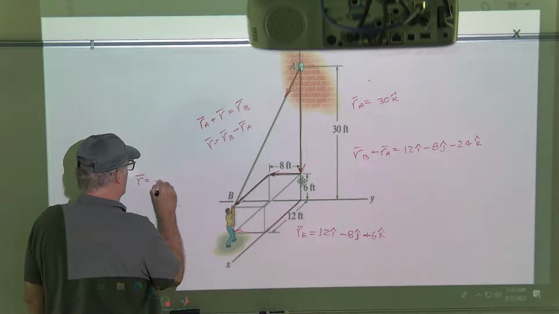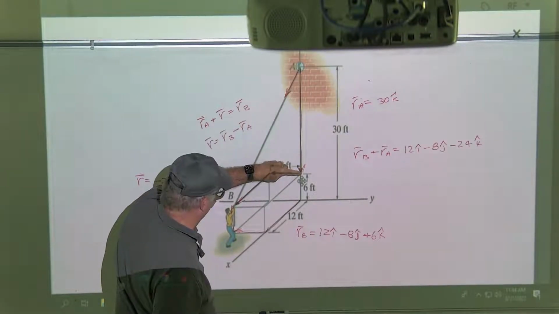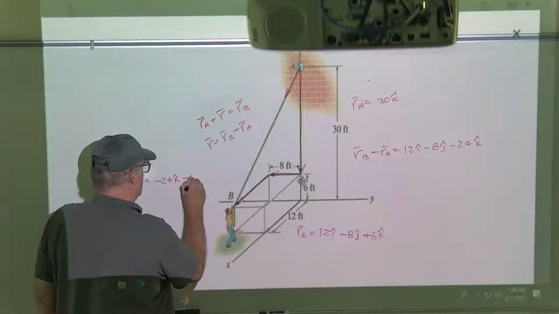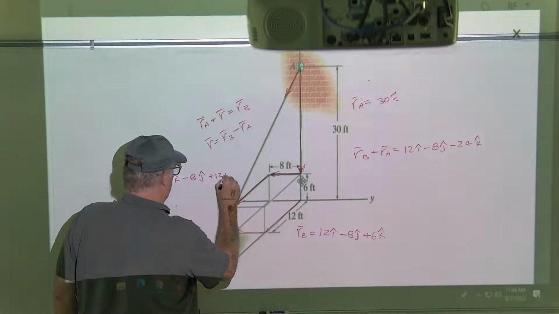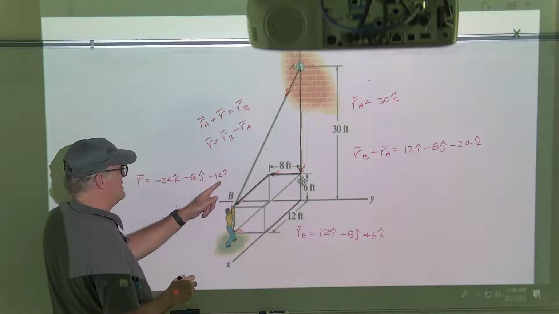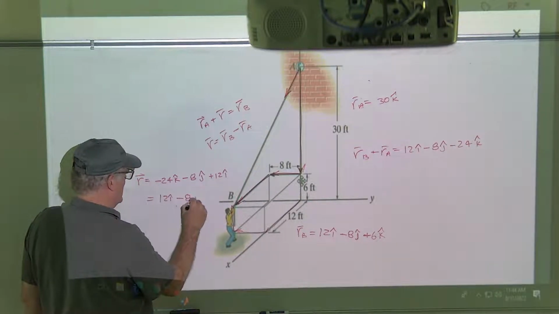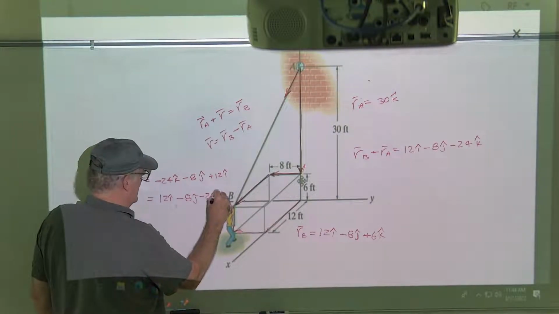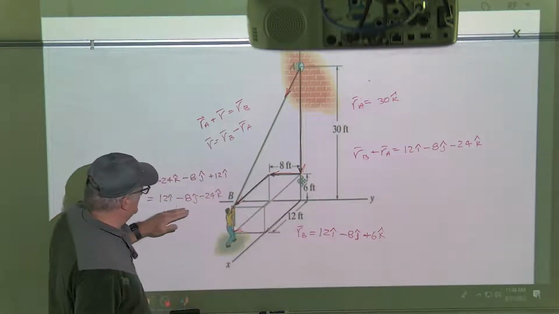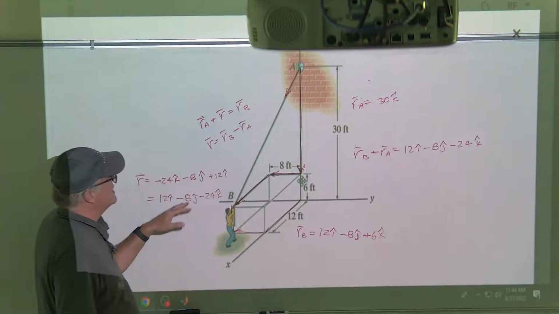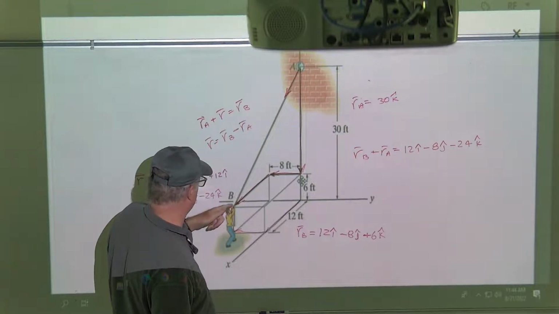So my path is 24K, then minus 8J, and then plus 12I. I've done it backwards, but if I rearrange it so that I comes first, then J, and then K, did I get the same thing as over there? I think I did. Sometimes you can just run the coordinates from point A, and that's your vector.